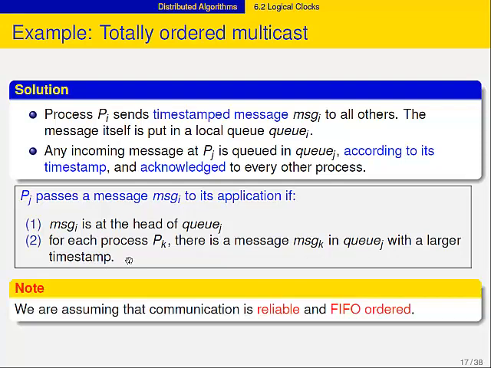I'm assuming that the communication is reliable and FIFO ordered. FIFO ordered means that if I send two messages in a row, my messages will be received at the other side in the order that I sent them.